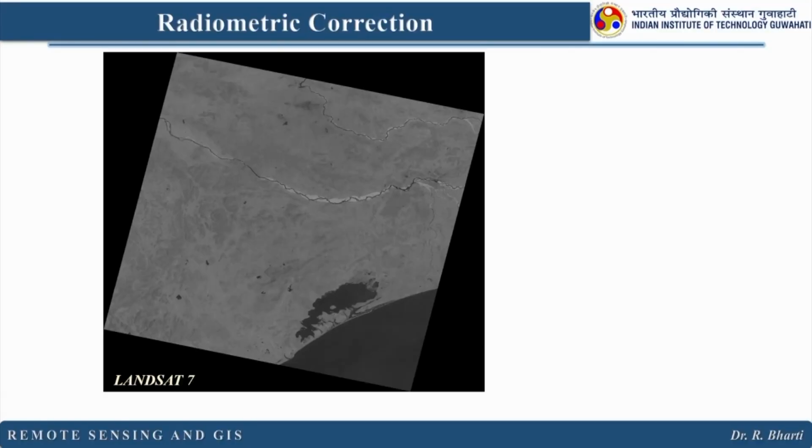So for any downloaded or purchased image, which you have purchased from either ISRO, NASA, JAXA, there are many space agencies, depending upon your application you will be approaching them to download your particular desired data. In that case, you have to identify those bad pixels, right?